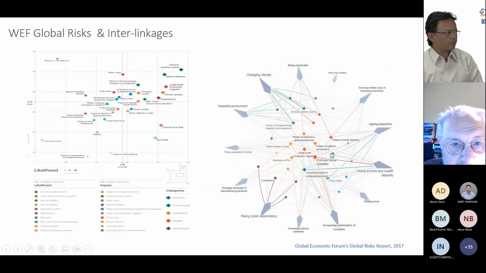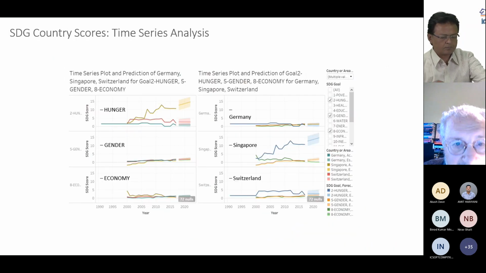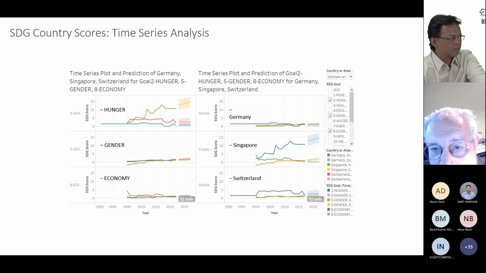Correlation analysis, okay, we'll skip some things. And of course, what is very important is the progress through time series analysis. We involve here deep learning, LSTM, for prediction in several countries and areas, including Switzerland, Singapore, and Germany.